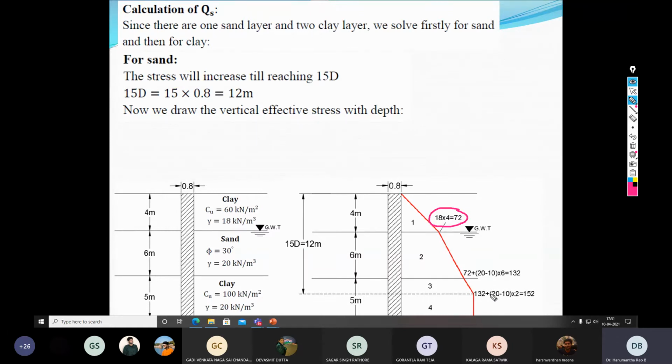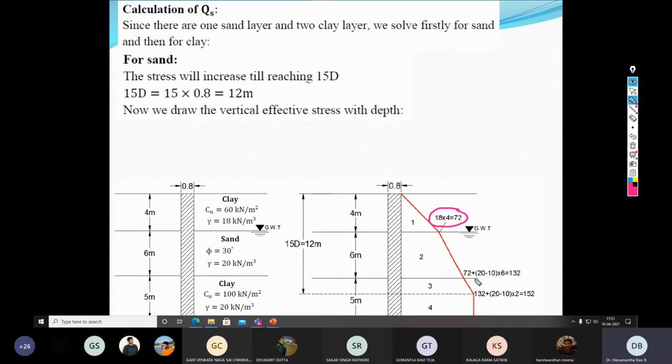The groundwater table exists at a depth of 4 meter. So it can be written as 72 plus, there are two layers here, 6 meter of sand and 2 meter of clay. So you add accordingly.